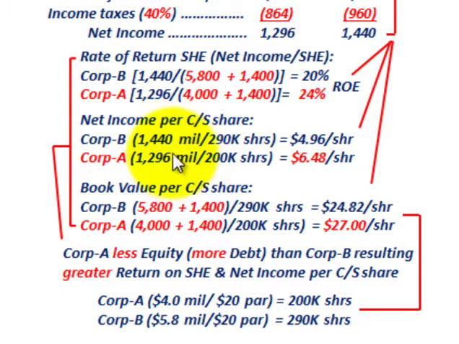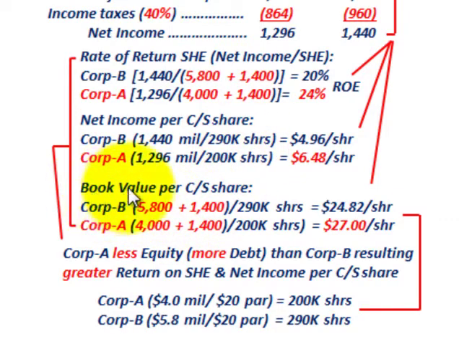Even though Corp B has a greater net income than Corp A, they still end up with less income per share because of the math that works out, the debt versus equity. Corp B only has $4.96 per share, where Corp A has $6.48 per share. So again, using this debt versus equity, Corp A is going to come out on top because they have more debt outstanding versus equity.